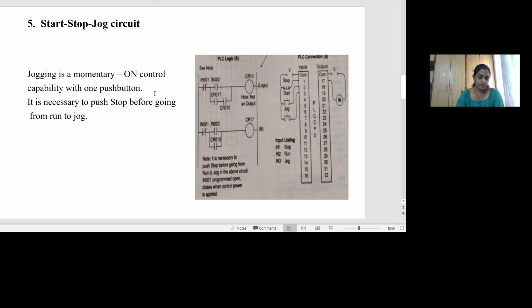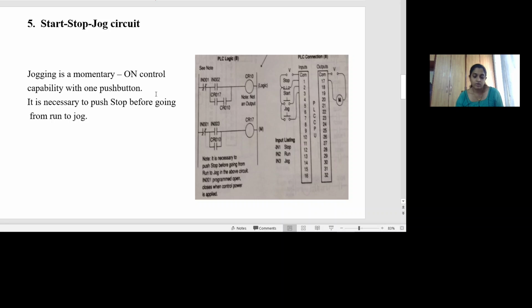Again, coming to jogging, sometimes in motor logic we need to bypass the start button as well as the latching logic. This is for testing purposes. I need to test a ladder diagram circuit, and in that case I need to bypass the start button, and in some cases I need to bypass a latching circuit.